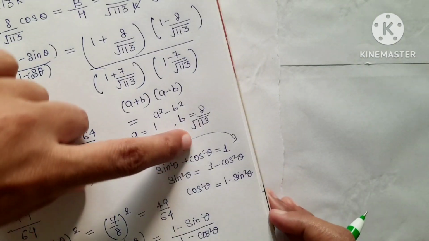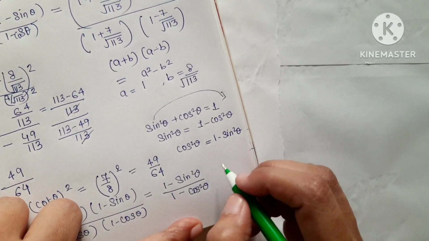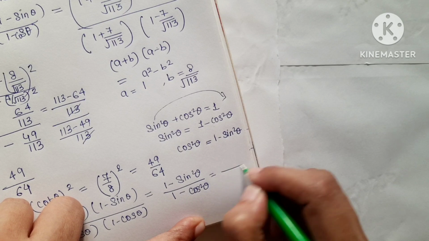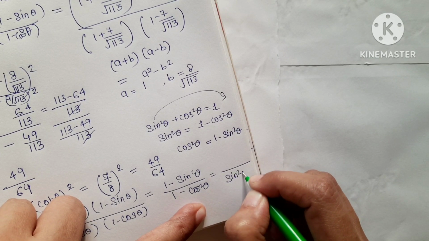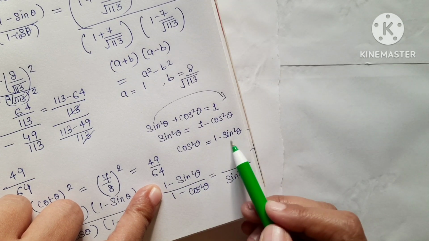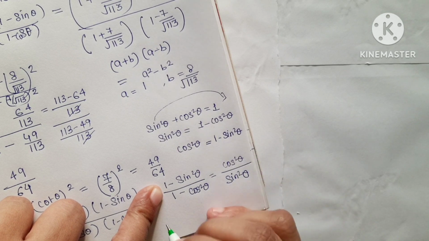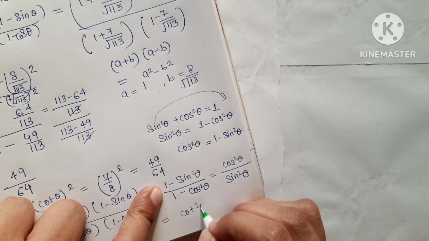So can I just replace this? 1 minus cos square theta is sine square theta. So here in the denominator I am replacing this with sine square theta, and 1 minus sine square theta is cos square theta. So it is equal to cot square theta.